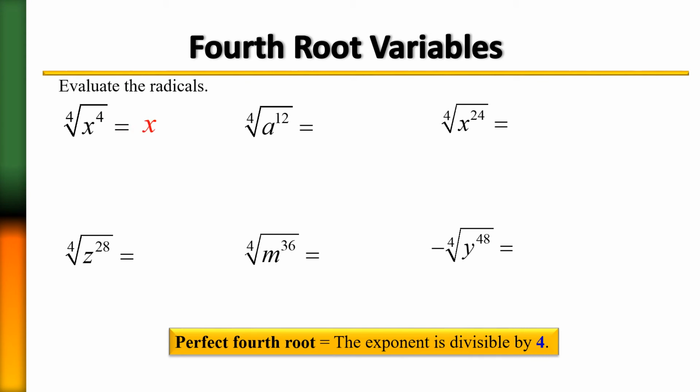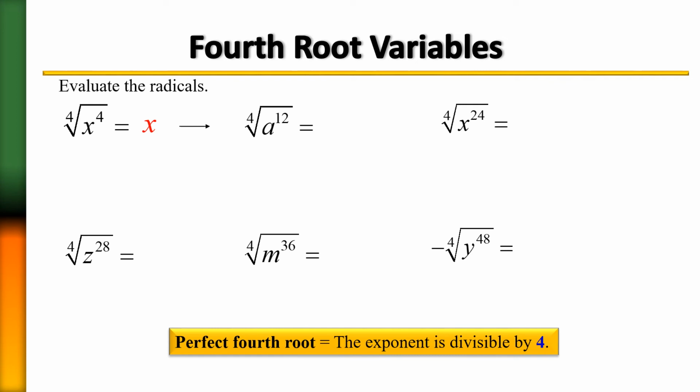Also recall the rule that whenever the index is the same as the exponent that the radicand is raised to, that is always going to equal whatever the radicand is when it's an even root. Notice that rule. All right, moving on. What is the fourth root of a to the 12th power?